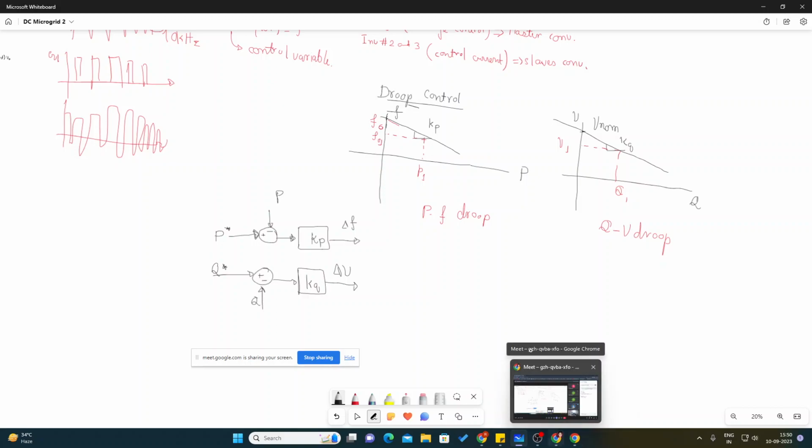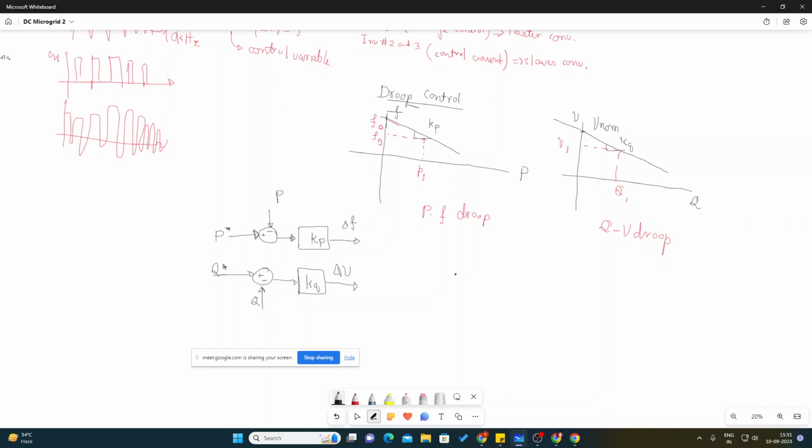Sir, in group control, what we are actually doing, when there is a change of frequency from F0 to F1 due to a certain increase of load, then... No, group control basically lets the converter provide a given amount of active power and reactive power.